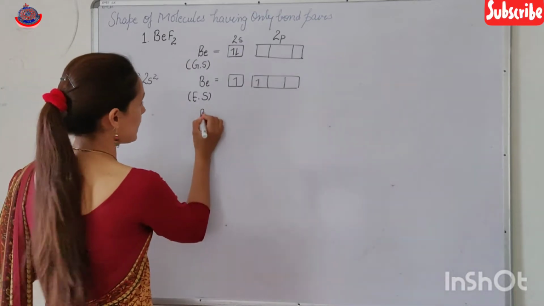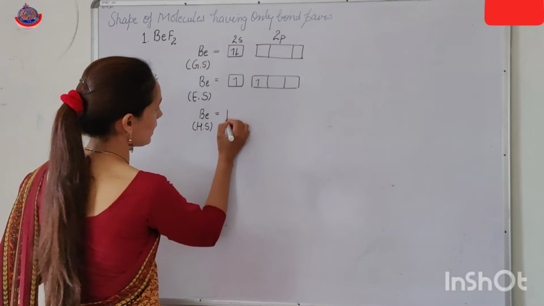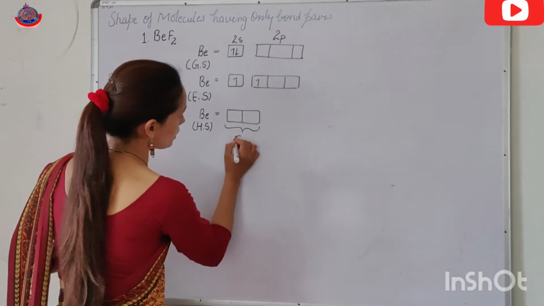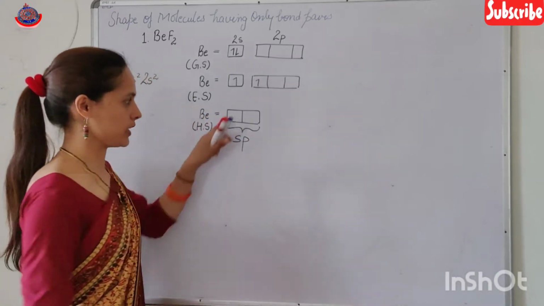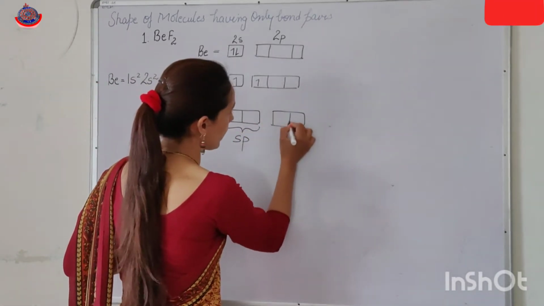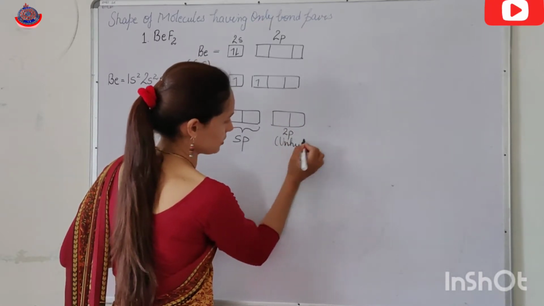So beryllium in the hybrid state has two hybrid orbitals. The name of these two hybrid orbitals is sp, and here are the two unhybridized p orbitals. These are unhybridized.